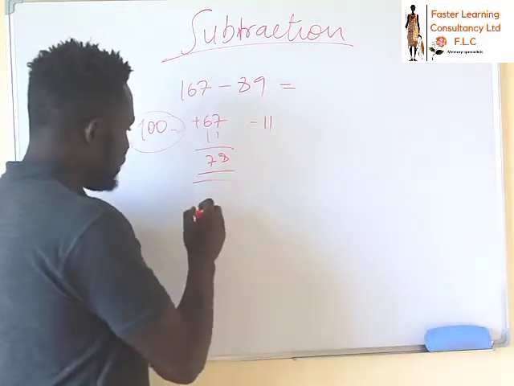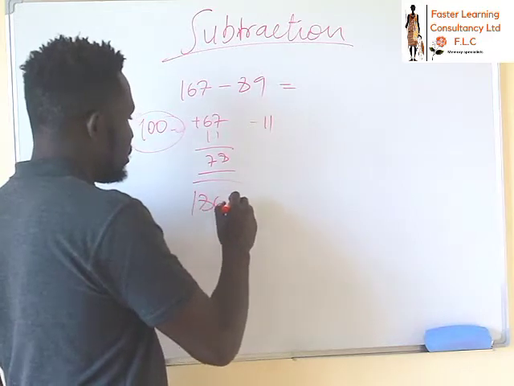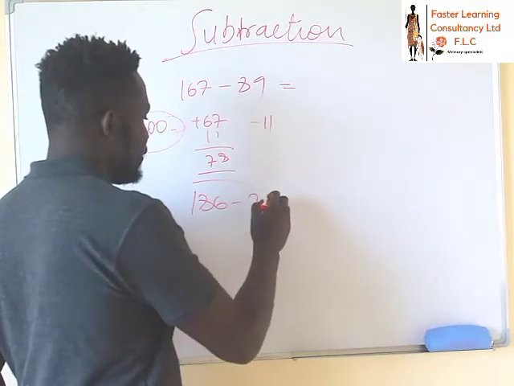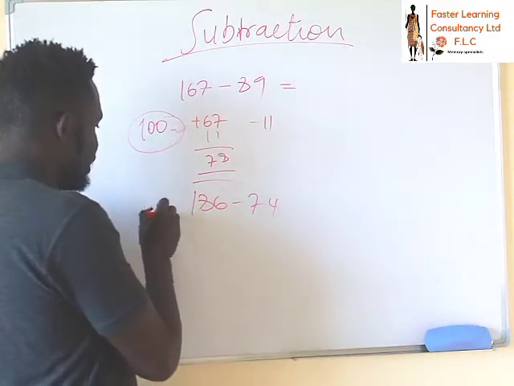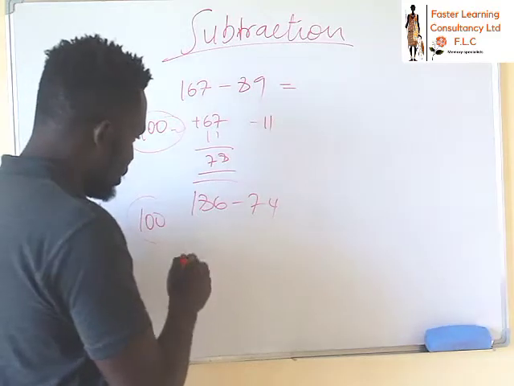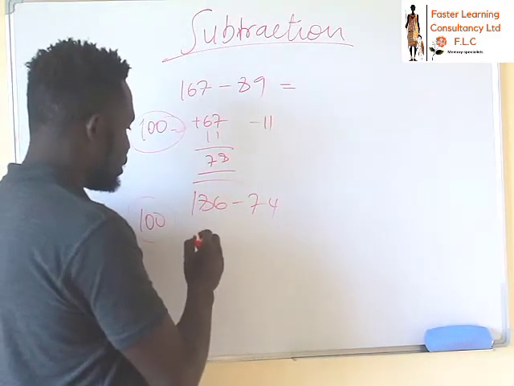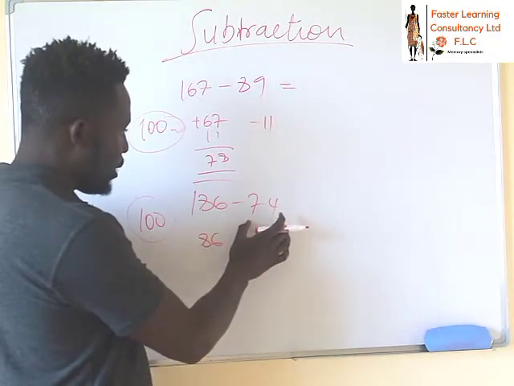Let's try another one. 186 minus, let's say, 74. I have 100 as my reference number. Above 100 is 86. Below 100 is 26.